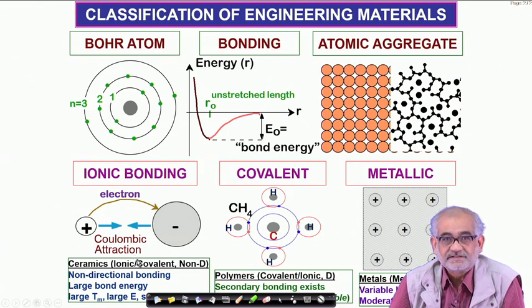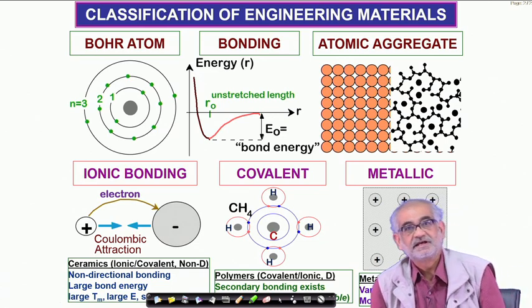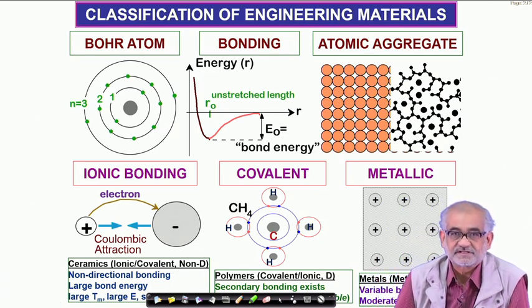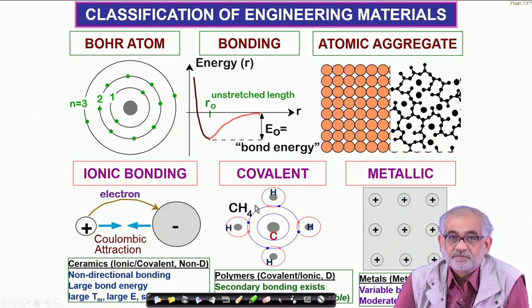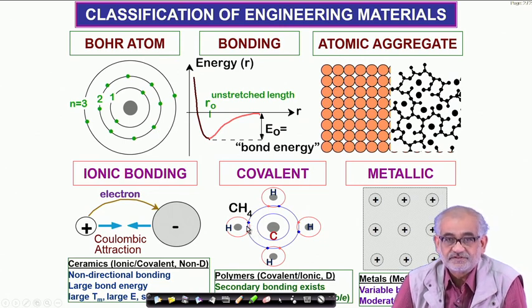And these ionic bondings are characterized by non-directionality, fairly large bond energy, as a result of which you have large melting temperature, large elastic modulus, and very small coefficient of thermal expansion. In comparison, you can also have a situation where the neighbors decide to share the electrons. And when they share in a particular way, where the electron spends most of its time in the overlapping orbit, then we end up getting what is known as covalent bonding.